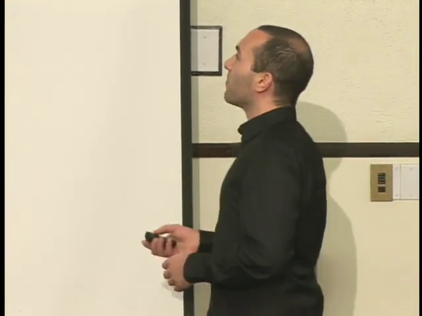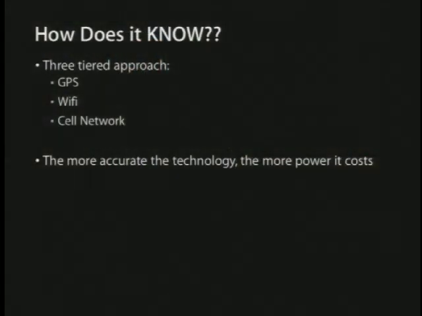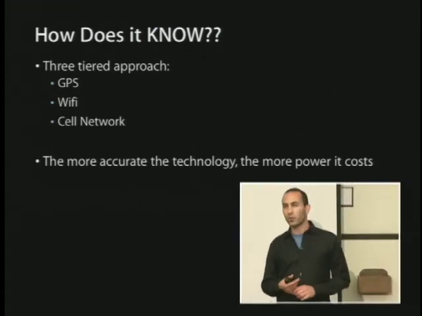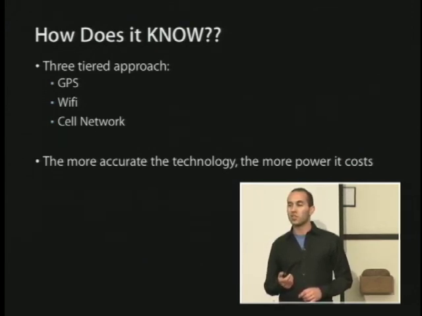So how does it know, right? Is it stalking you? How does it know where you are? Is the government listening to your satellite signals? There's three different ways that it tries to determine your location. The first and obvious one that I'm sure all of you have heard of and are familiar with for location tracking is GPS. iPhone 3GS is the first one, I believe, that included a GPS? iPhone 3G?